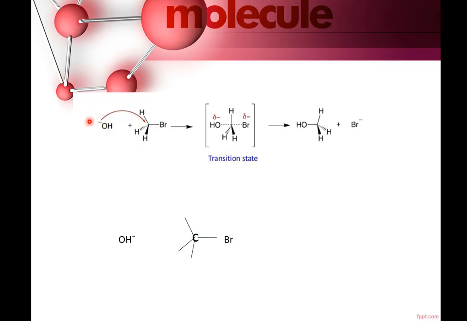Due to the attack of OH, this umbrella gets inverted like the umbrella gets inverted in a storm. You can see here OH group and then the alkyl bromide. OH group comes closer, makes a bond and transition state, then the Br goes out.